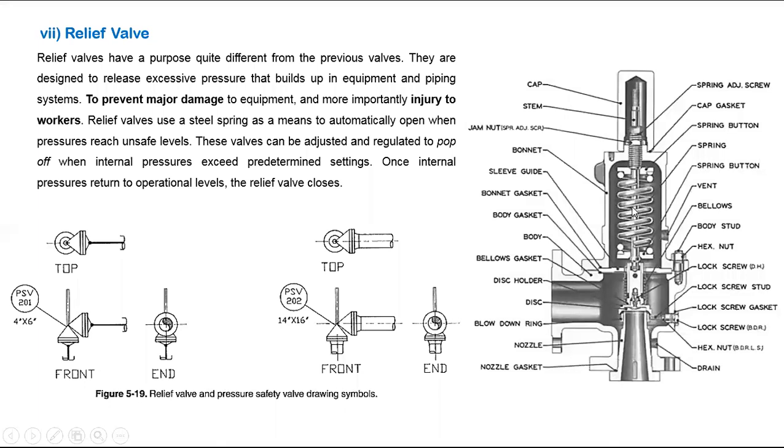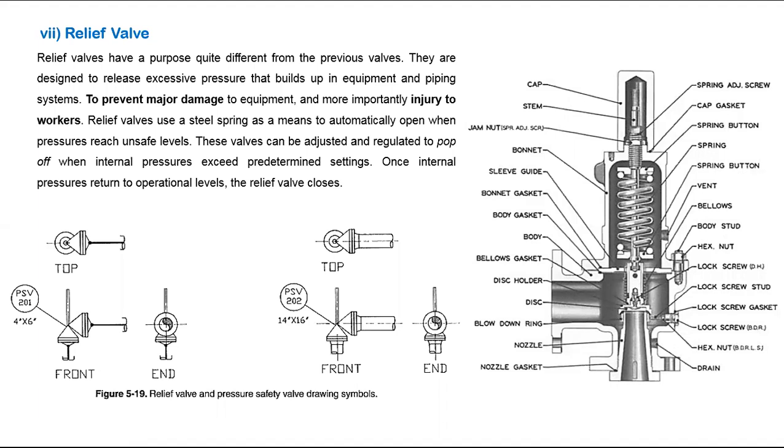When the pressure falls below the 5 bar set pressure, the spring will automatically go down, so the valve seat will close and the flow will stop.